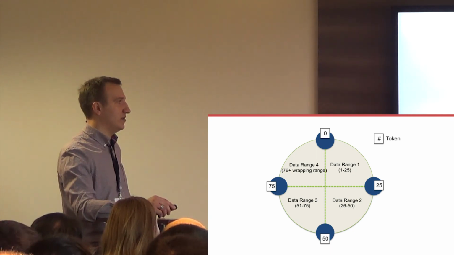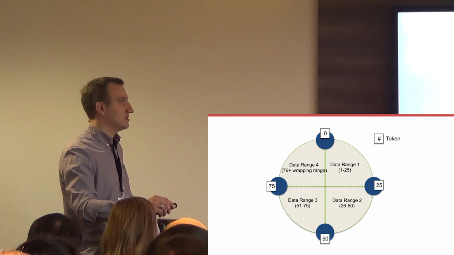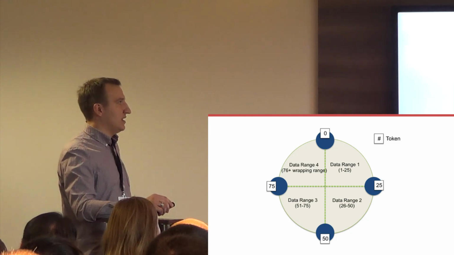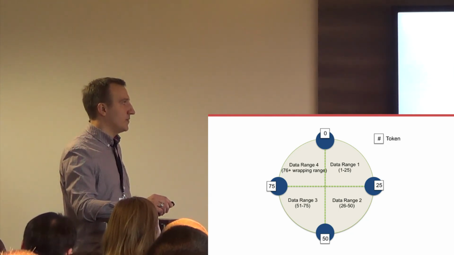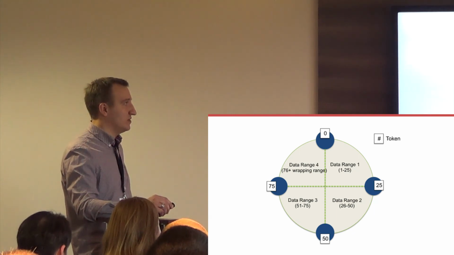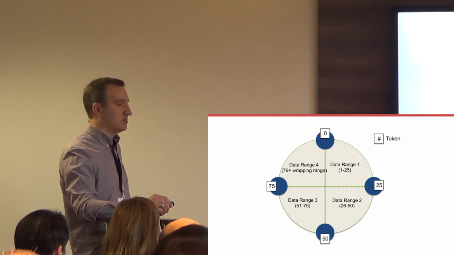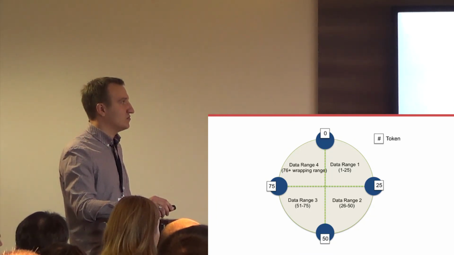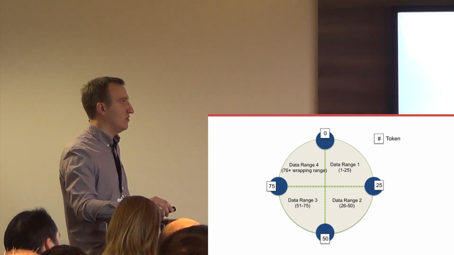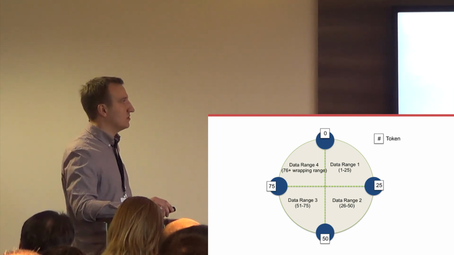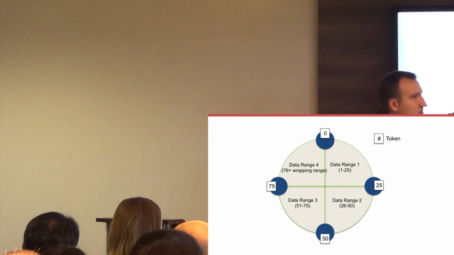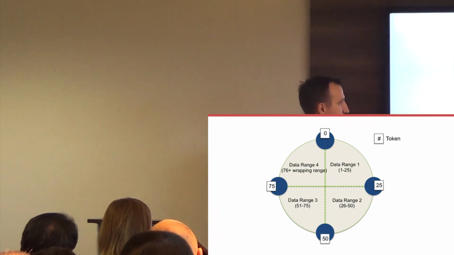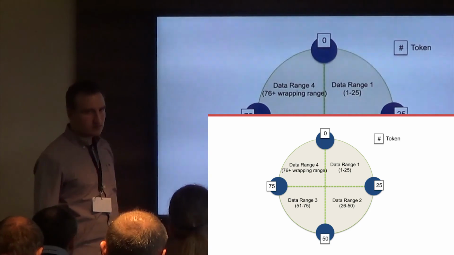Like if you have a Cassandra cluster, a 4-node ring, then it will assign a token to every node, and every node will be responsible for only some range of data. Like, for example, if you want to write a key with the value 10, this key will be written to this node. And if you want to write a key with the value 80, it will be written to this node.